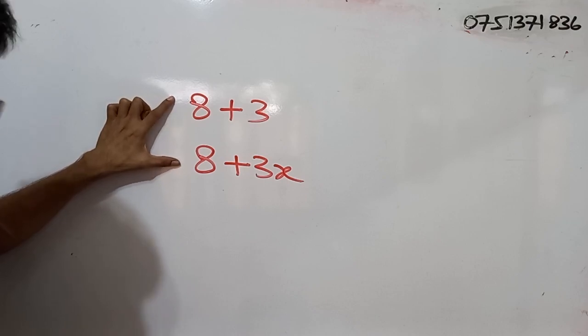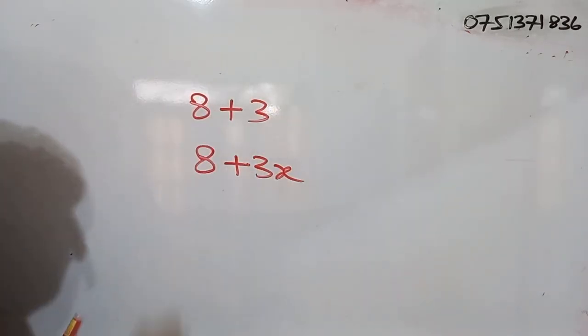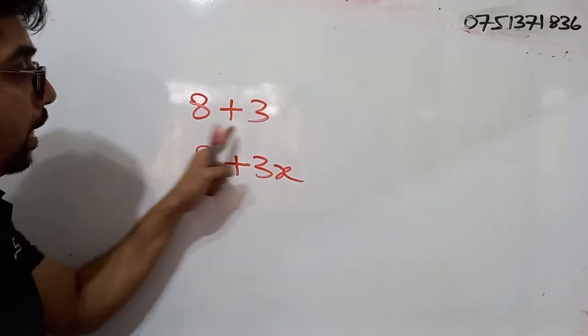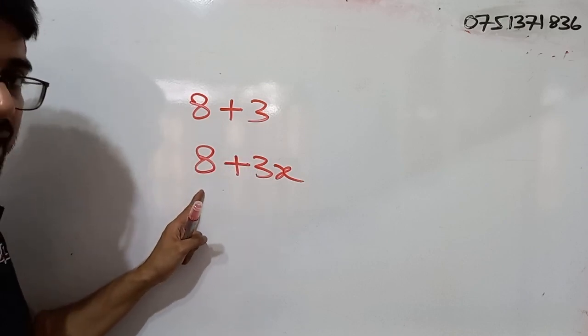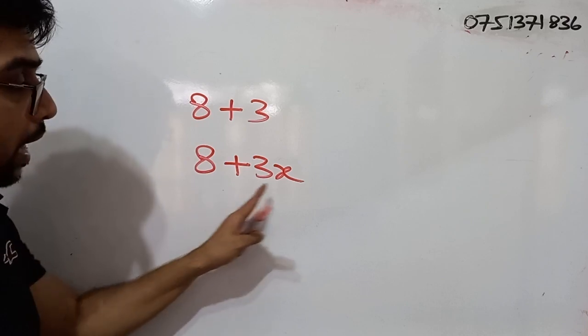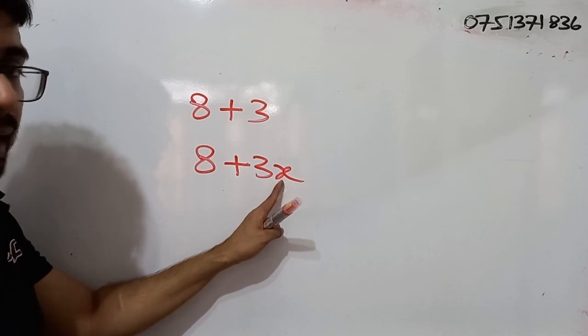Now I have written 2 expressions on the whiteboard. At a glance they seem a bit similar, but there's a major difference. The first expression only has numbers, 8 and 3. But the second expression has numbers and also letters.